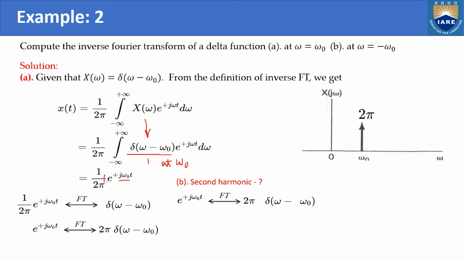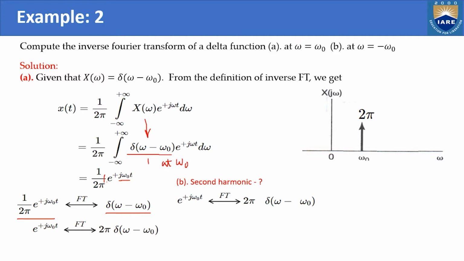That means the given shape in the Fourier transform domain, the frequency spectrum of a delta function at omega naught, corresponds to a complex exponential as a function of time. You call it a complex sinusoid. E to the power of j omega naught t is a complex sinusoid because you have cos omega naught t plus j sin omega naught t.